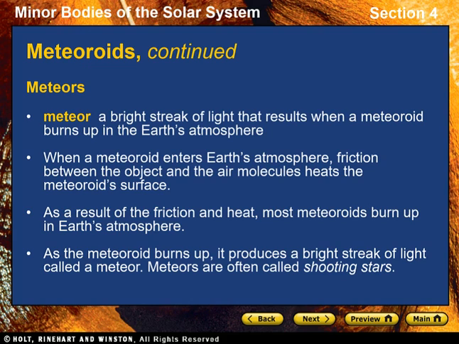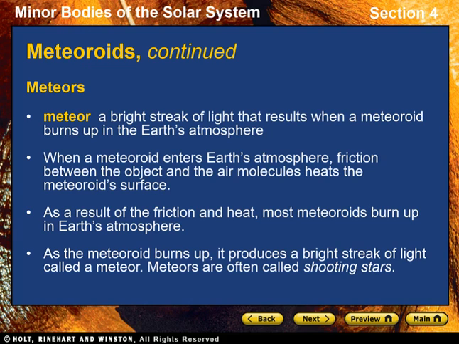As a meteoroid burns up in Earth's atmosphere, the meteoroid produces a bright streak of light called a meteor. Meteors are commonly called shooting stars. Meteoroids sometimes also vaporize very quickly in a brilliant flash of light called a fireball. Observers from Earth may hear a loud noise as a fireball disintegrates.